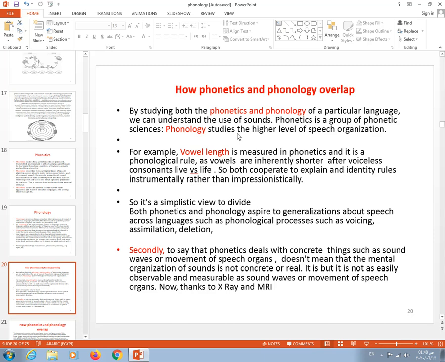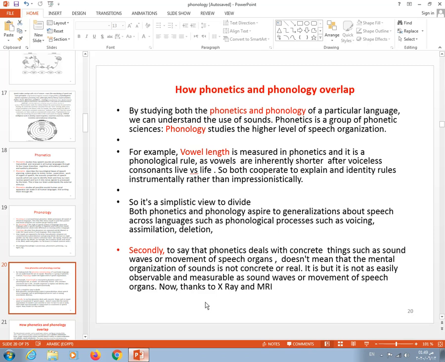But the way to measure and verify this is different from the way we measure sound waves and other phonetic correlates. However, thanks to X-ray and MRI, we are now able to check brain imaging during certain speech activities like speaking, listening, and processing.